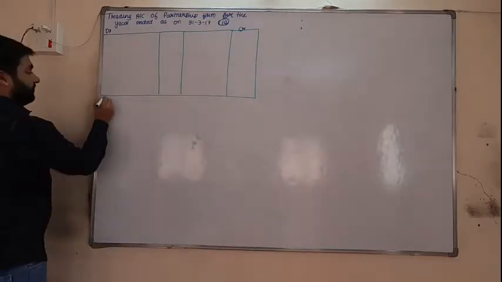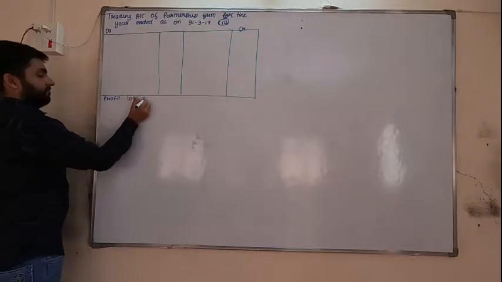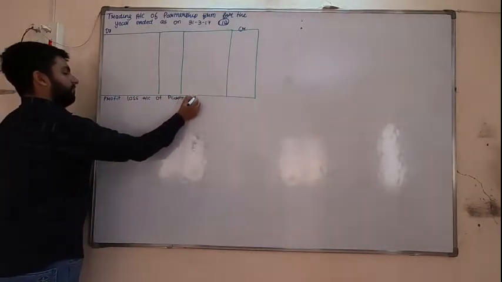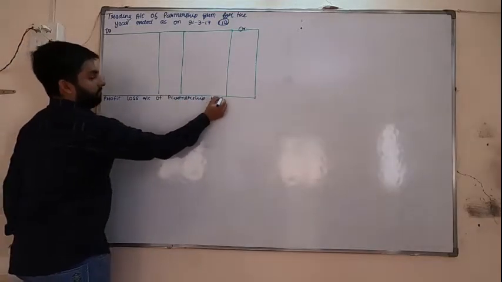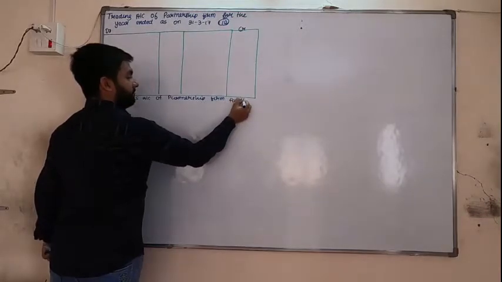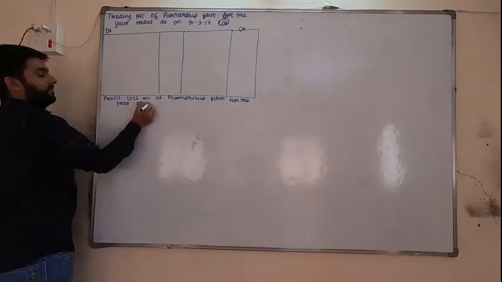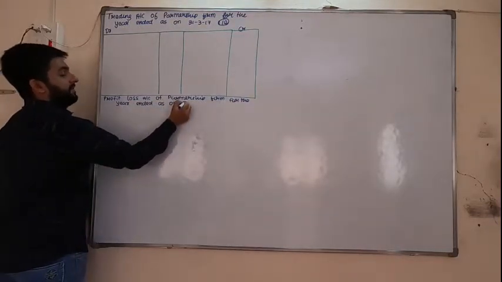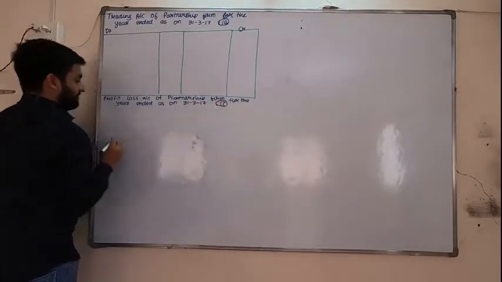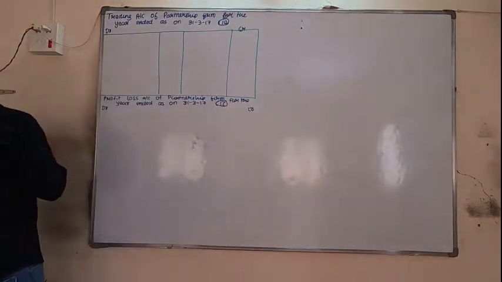Now profit and loss account. Profit and loss account of partnership firm for the year ended as on 31/3/17. This is for 12 lines. Profit and loss account is for 12 lines.